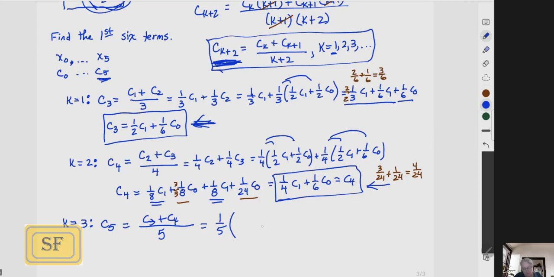And we'll do C3, which is 1/2 C1 plus 1/6 C0, plus C4, which is 1/4 C1 plus 1/6 C0. And that gives me 1/5 times (1/2 plus 1/4 is 3/4) C1, and 1/6 plus 1/6 is 2/6 or 1/3 C0.